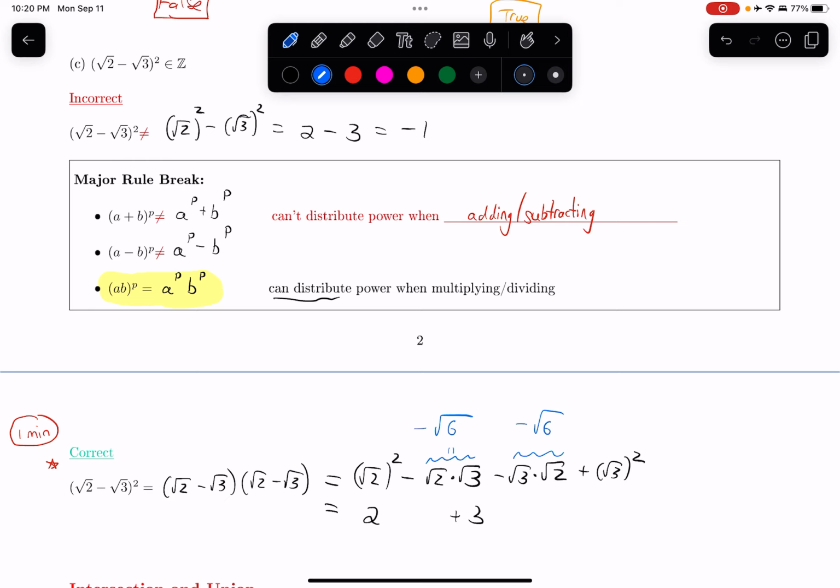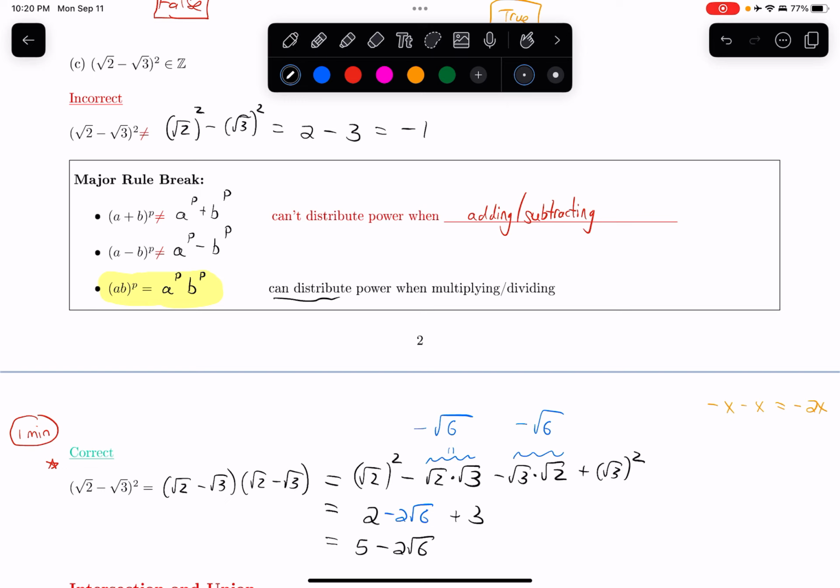So if I have negative root 6 minus root 6, I have minus 2 root 6. That's kind of like if I had negative x minus x, I have negative 2x. Same reasoning for why this is minus 2 root 6. Okay, so the 2 and the 3 add to give me 5, and I get 5 minus 2 root 6.